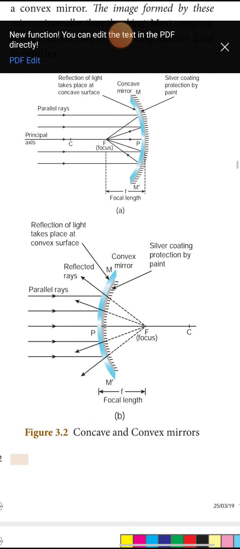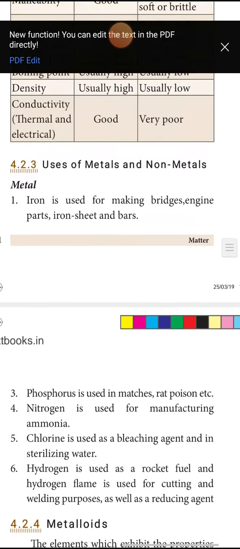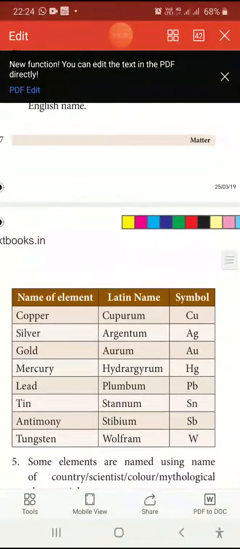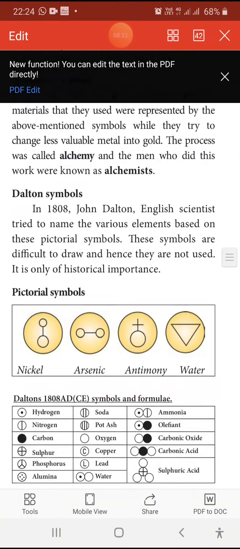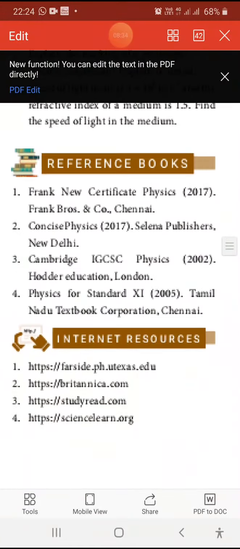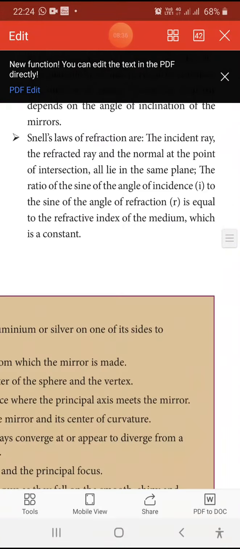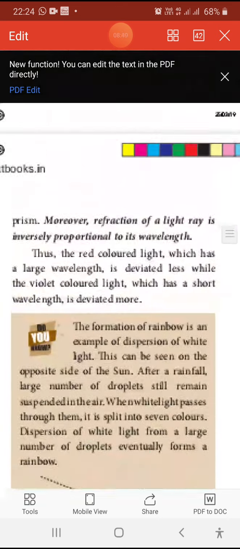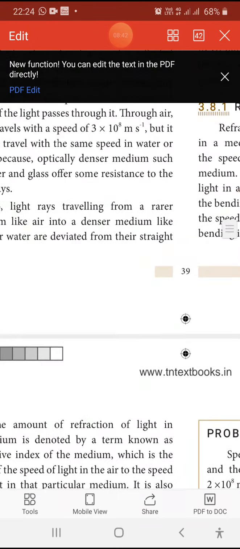Once again, in this video we have studied about types of mirror. First, the mirror is divided into two types: plane mirror and curved mirrors.